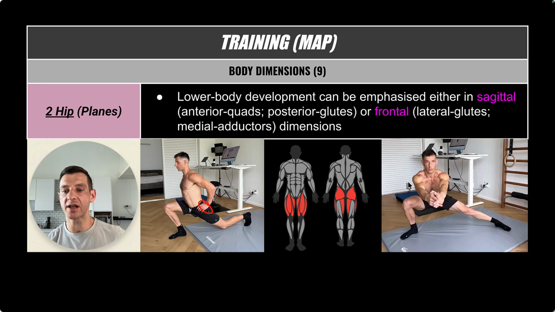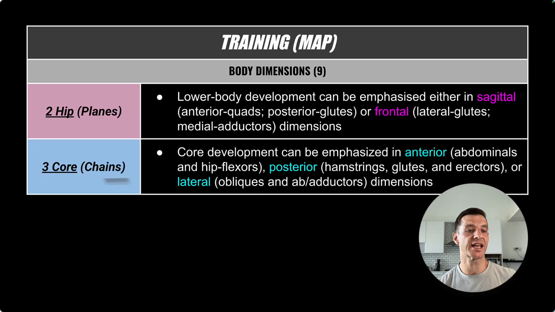Now, in terms of the frontal plane, here I'm emphasizing more the lateral glutes, so on the side here, and also loaded flexibility on the adductors. What's also unique about this is you're introducing forces to the knee and the hip from different directions, and that's really the benefit here.